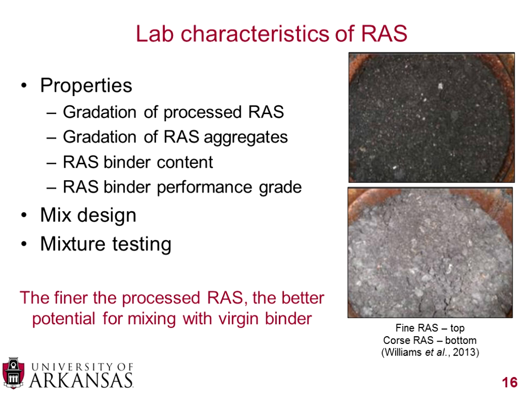Just like with RAP, recycled asphalt pavement, there are differences between the processed RAP gradation and the gradation after RAP goes to the ignition oven. It's very similar with RAS. So the gradation of both the processed and the unprocessed is important. The binder content of the RAS is important, and then the binder performance grade. After an extraction and recovery, what is the performance grade of your RAS?